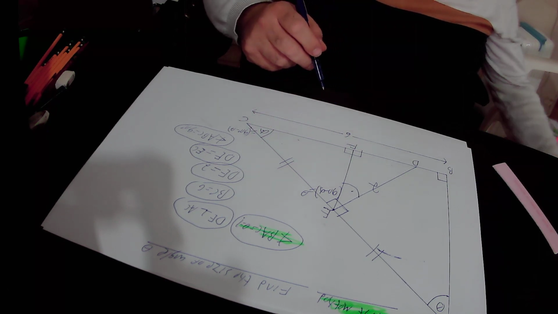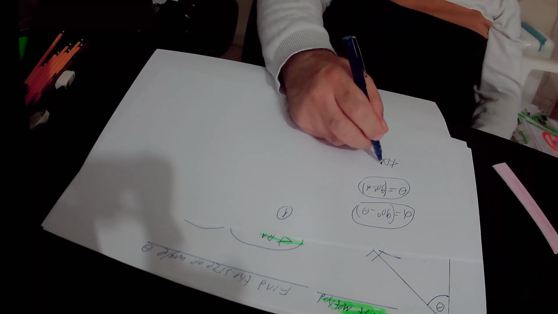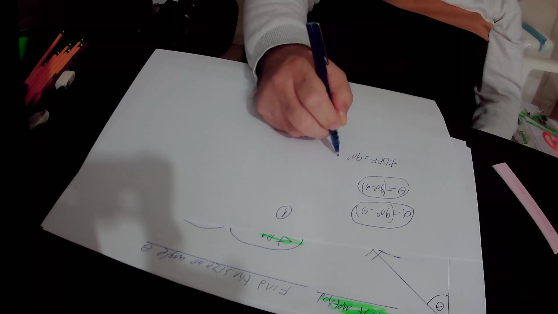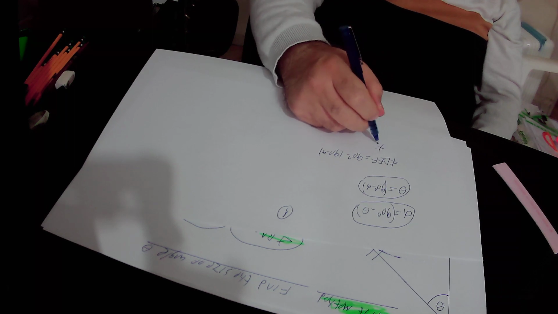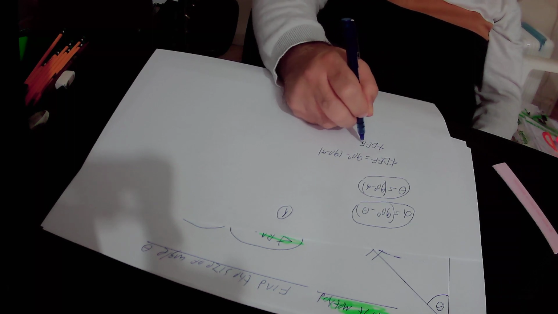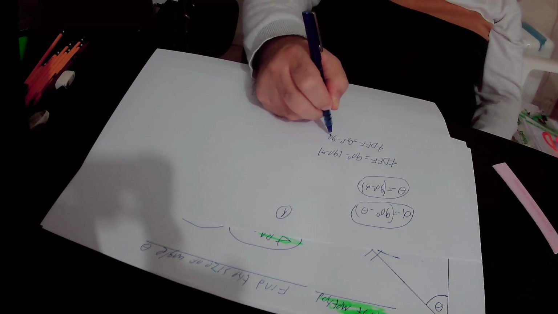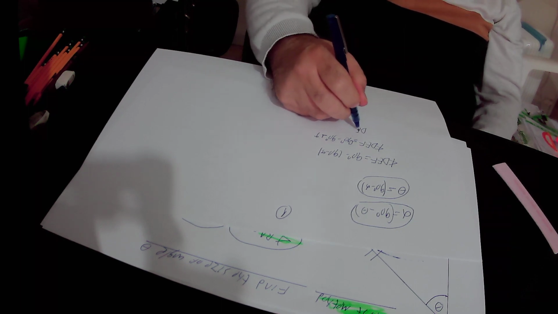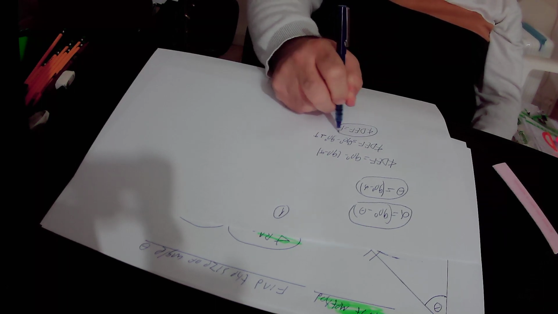So angle DEF will be equal to 90 degrees minus 90 degrees minus alpha. We will open the brackets here and we will get that angle DEF equals 90 degrees minus 90 degrees, that is 0, minus minus alpha is plus alpha. So angle DEF equals alpha.